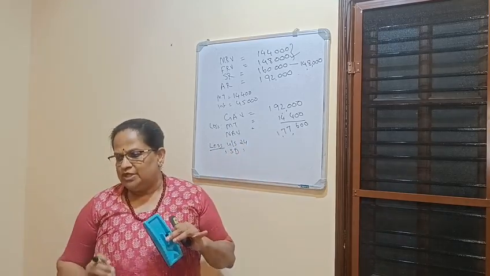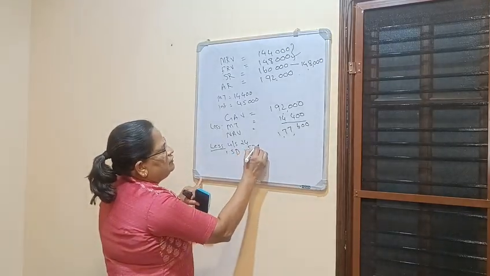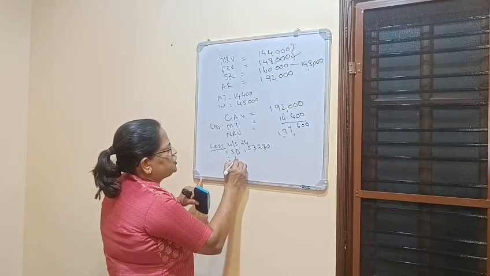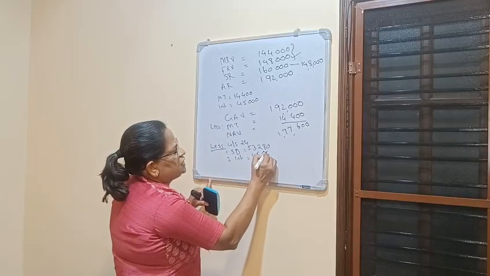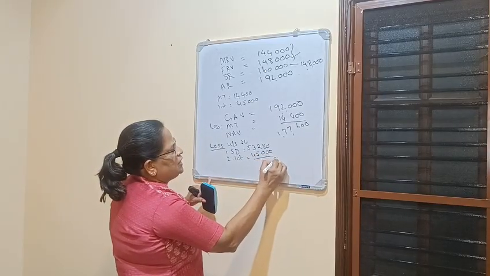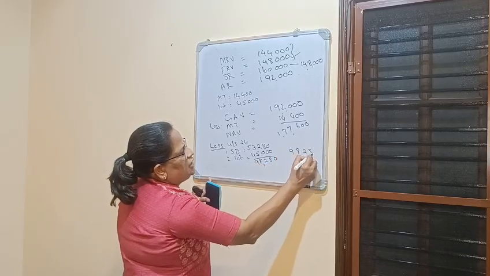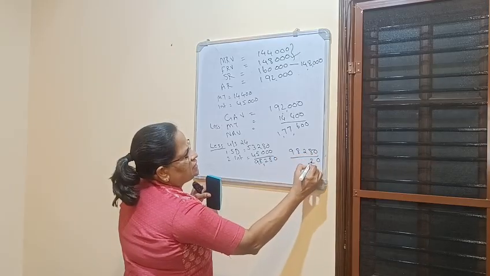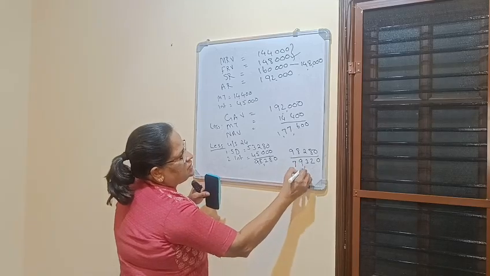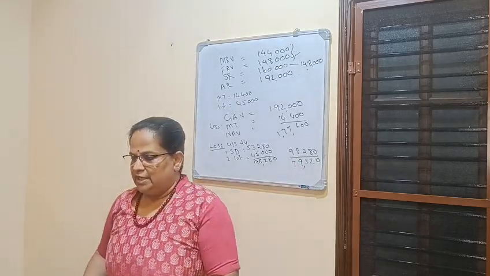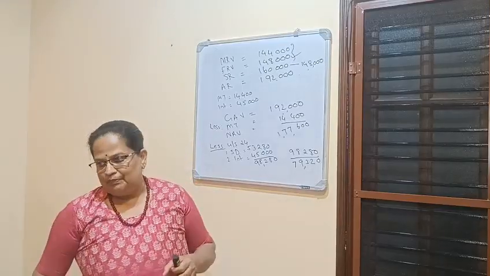It is not given in the question, so we have to remember that value is 53,280. Then interest on loan, that value is 45,000. So these two values we have to reduce, that is 98,280. You have to reduce this from the net annual value, so the value is 79,320. So that is the second problem.